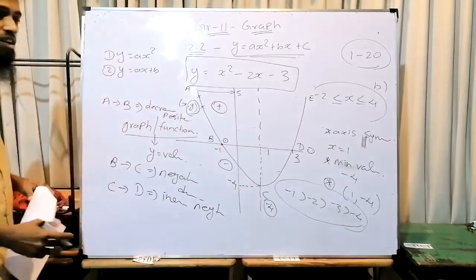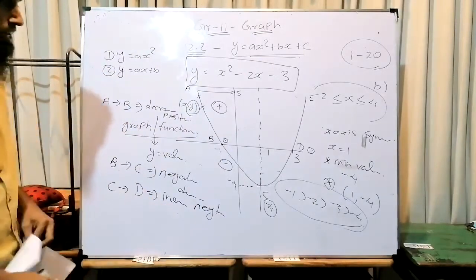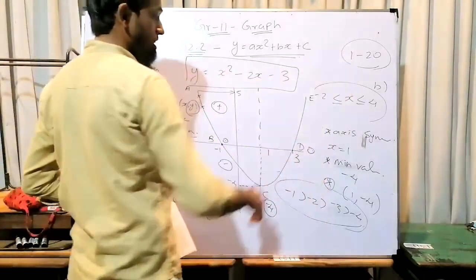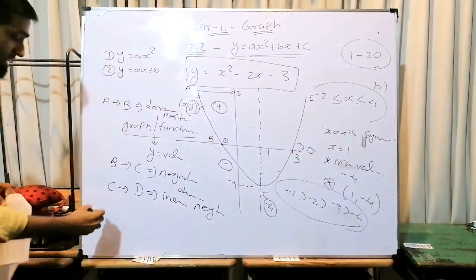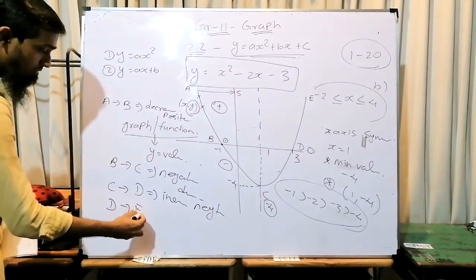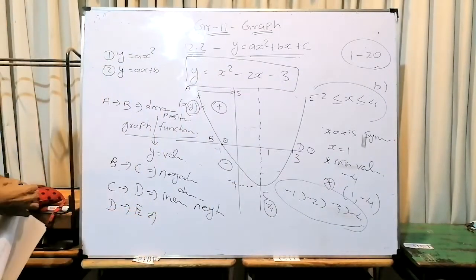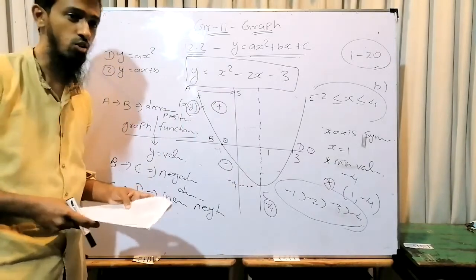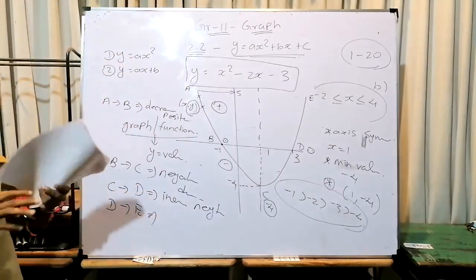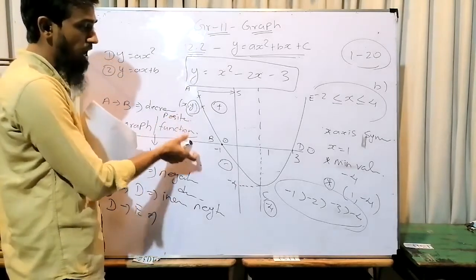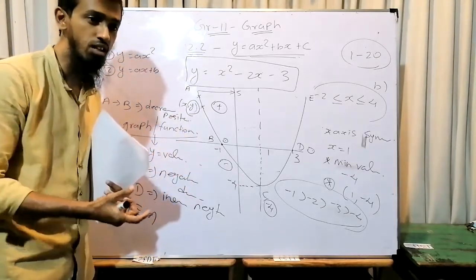The values are increasing but negative. And D to E, we all know, is increasing positively. The values are increasing positively.